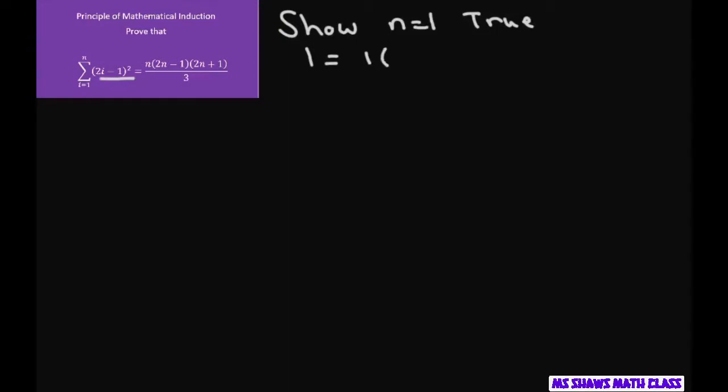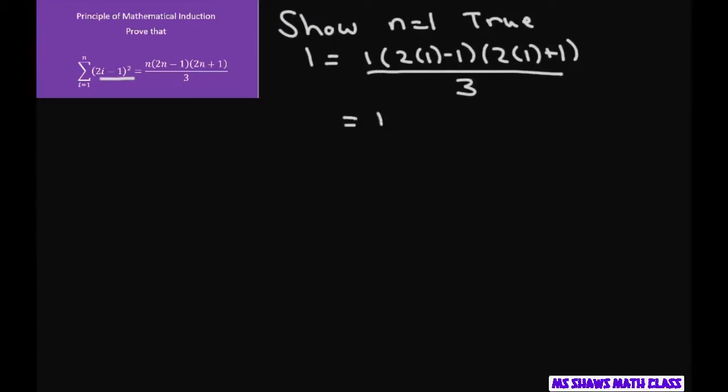So this would be 1 times (2 times 1 minus 1) times (2 times 1 plus 1) divided by 3. So this is 1, and this is 1, and this is 3. So this is 3 divided by 3, that's just 1 times 1, which is 1, and so they check out. So 1 equals 1, and that's supposed to be your first term.